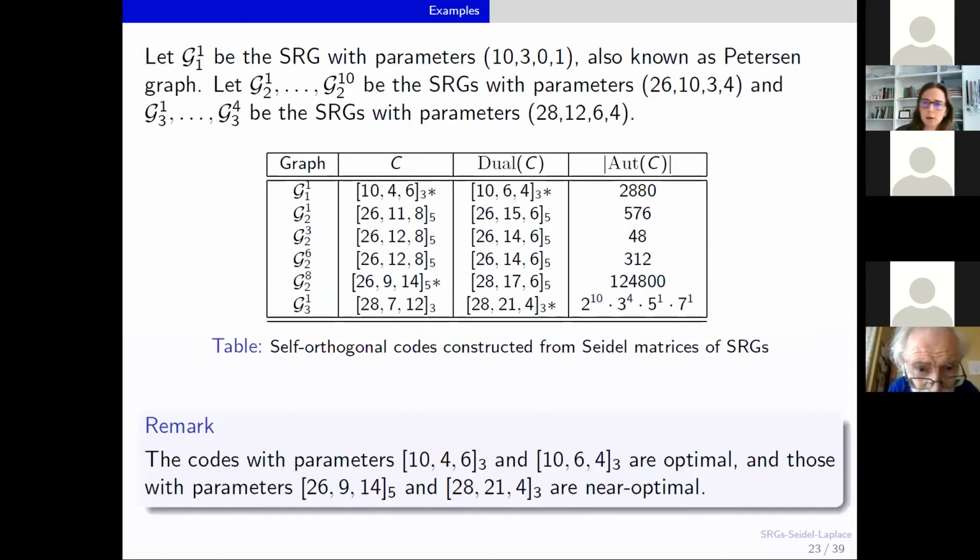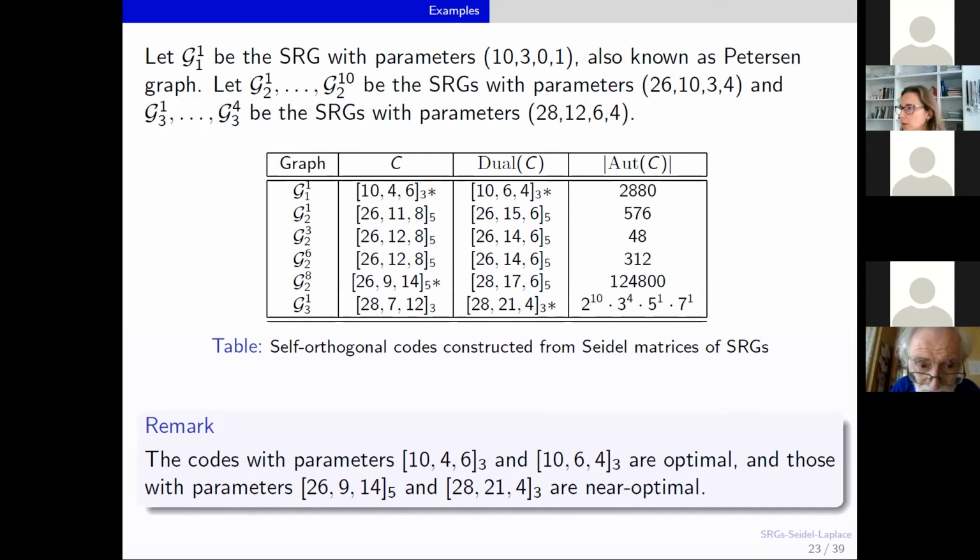Okay, so we started to apply the method to Seidel, Laplacian and signless Laplacian matrices of strongly regular graphs, and I will now show you what kind of results we obtained.